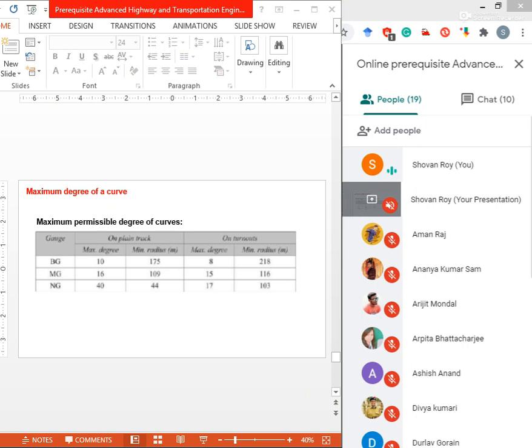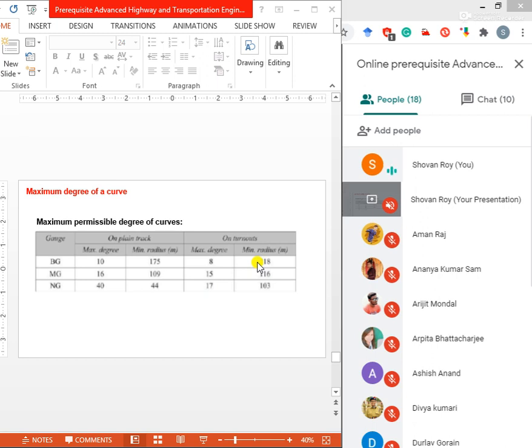After this relation, the maximum permissible degree of curve provided by the Indian Railway, on plain track and on turnouts. Our tracks are broad gauge, meter gauge and narrow gauge.